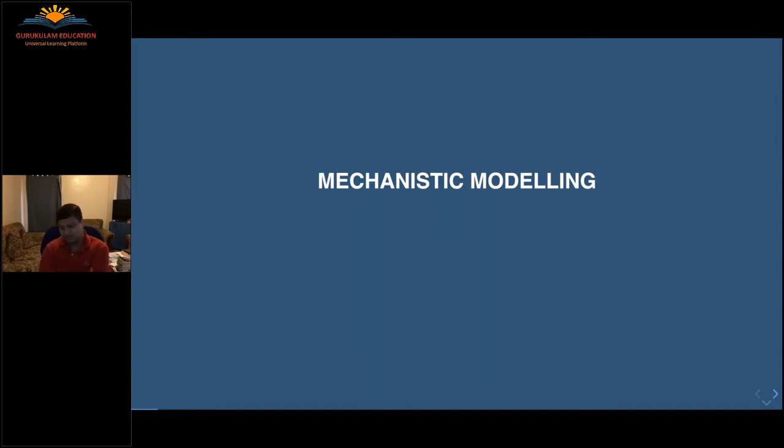There are many different ways in which you can approach it. Depending on your background, you might be inclined towards the physics approach, which is more or less a mechanistic approach. Or if you are a statistician or a data scientist, you might have a totally different approach. I'll talk about that. But a mechanistic approach was one of the pioneers in this field.